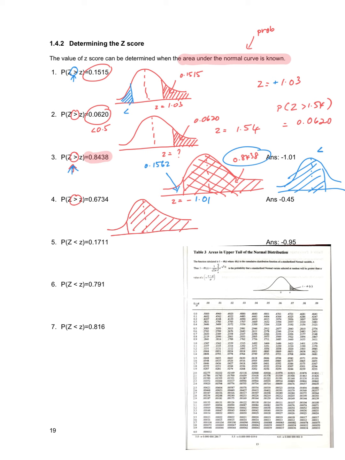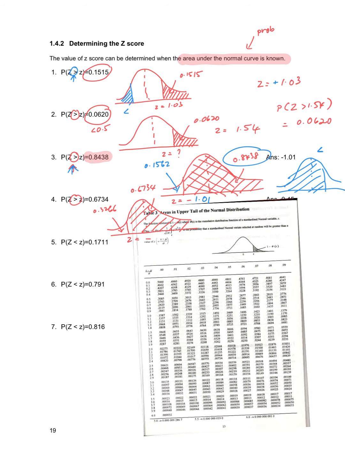So this is the region for 0.6734. So meaning that our Z will be negative. Negative berapa? 1 minus 0.6734 is 0.3266. So 0.3266 ni yang kita akan tengok dekat dalam table.